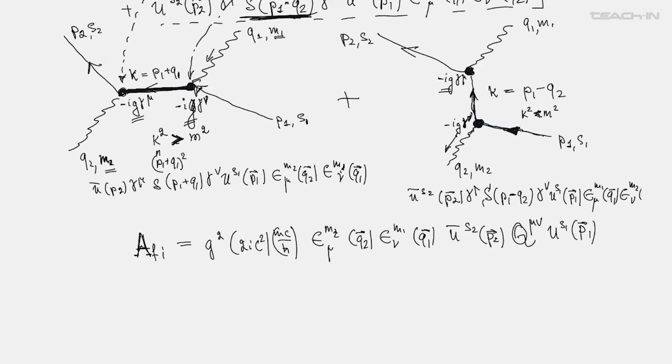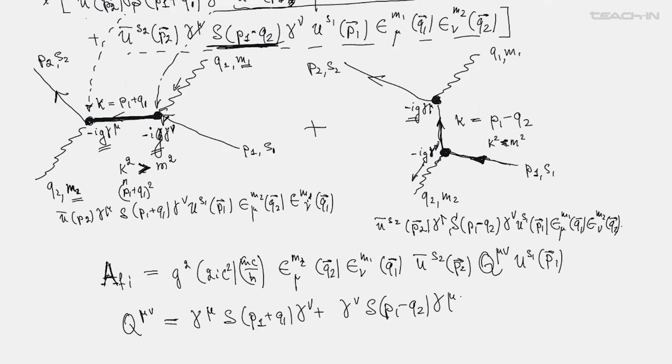This Q mu nu, depending on p1, q1, p2 and q2, I define as the following expression: (p1 plus q1 slash) gamma nu plus gamma nu (p1 minus q2 slash) gamma mu. It's simply the sum of these two terms.